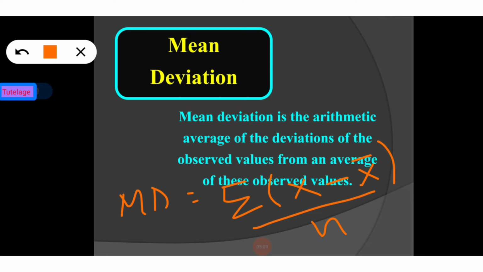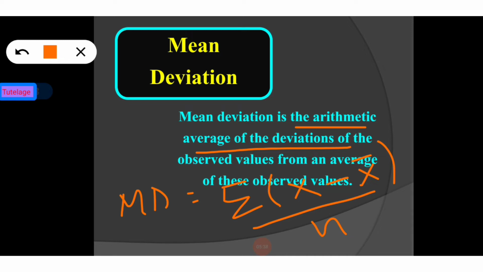Clear? So basically mean deviation is the arithmetic average of the deviation of the observed values from an average of the observed values. So the deviations are taken as absolute numbers without considering the algebraic sign of the number, that is plus or minus. Okay. We know that the sum of the deviations from the arithmetic average is always 0.